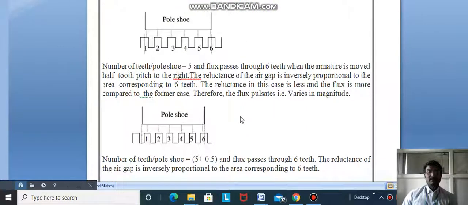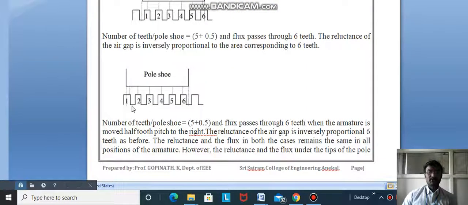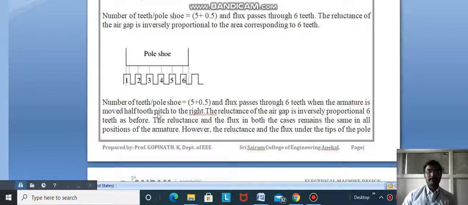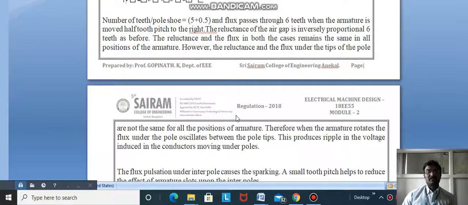So for the pole shoes, the number of teeth per pole shoe is equal to 5 plus 0.5, and the flux path covers 6 teeth when the armature is moved by half a tooth pitch to the right. The reluctance of the air gap is inversely proportional to 6 teeth as before. The reluctance and the flux in both cases remain the same for any position of the armature.